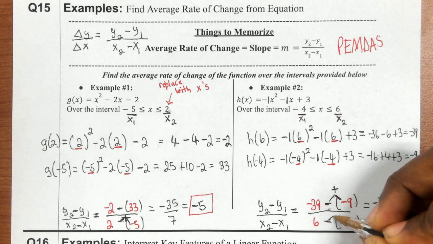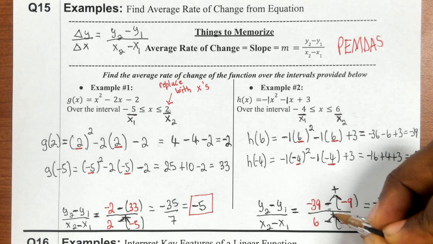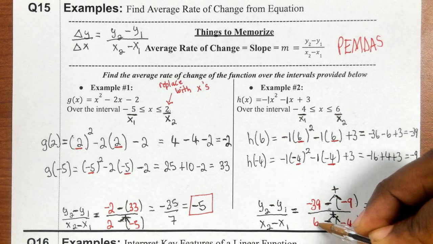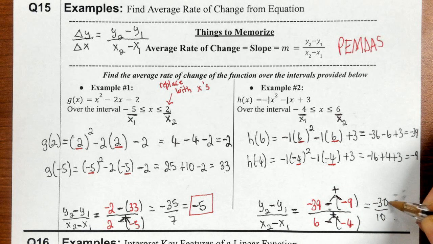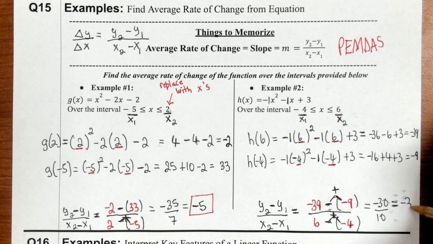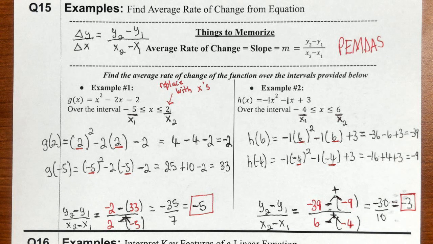I see a negative beside another negative, that's going to turn into a positive. So 6 plus 4 is 10. Negative 30 divided by 10 is negative 3. All right. So my average rate of change would be negative 3.